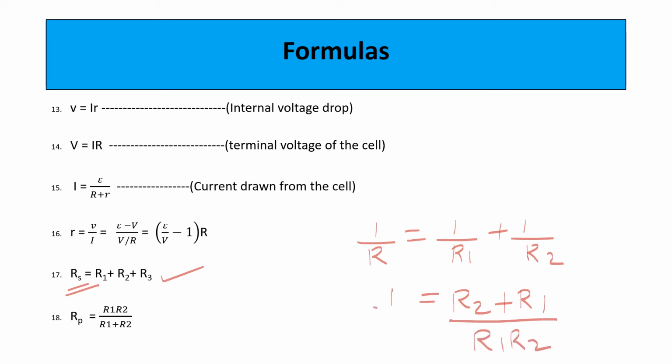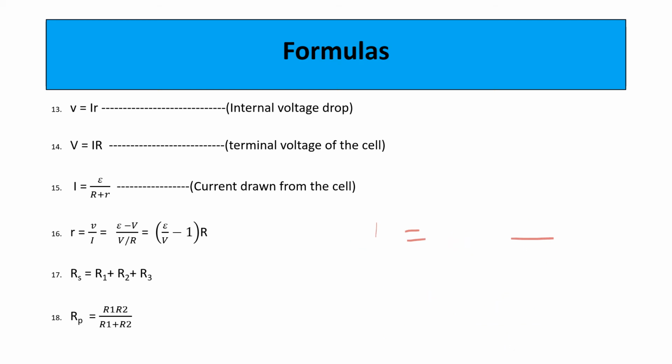This is 1 by R. Therefore, how will you find out R? R is R1 R2 by R1 plus R2. The equivalent resistance when the resistors are connected in parallel is R1 R2 by R1 plus R2, and for series connection it is R1 plus R2.